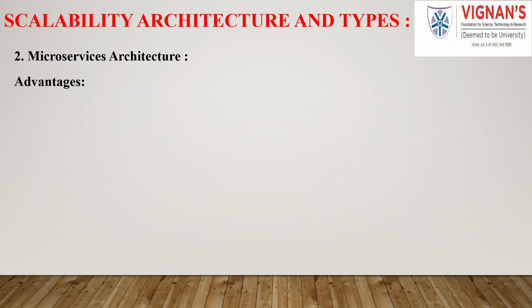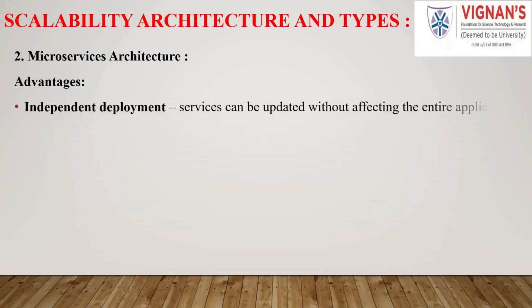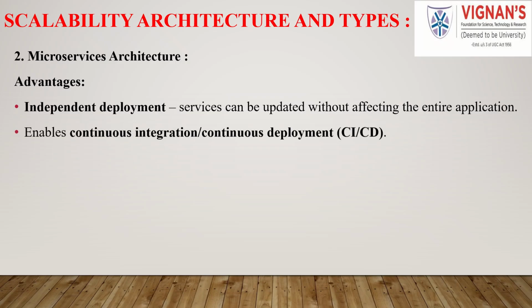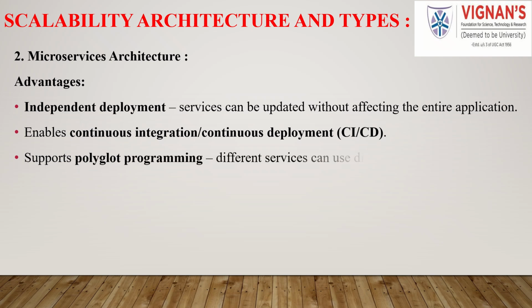The advantages of microservices architecture include independent deployment, meaning services can be updated without affecting the entire application. It enables continuous integration and continuous deployment, or CI/CD, making frequent updates easier. Microservices also support polyglot programming, allowing different services to use different technologies.